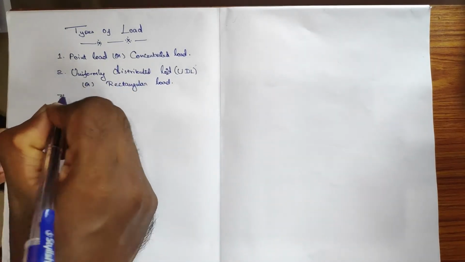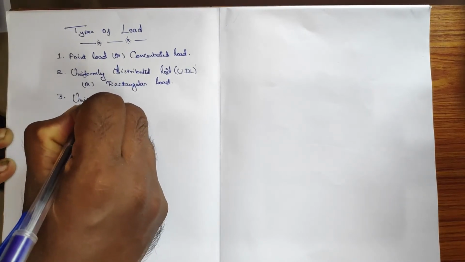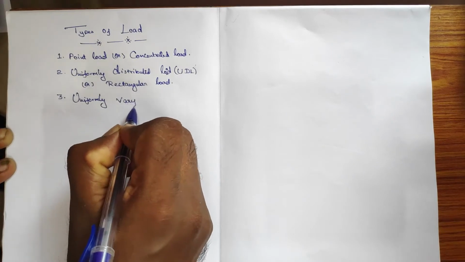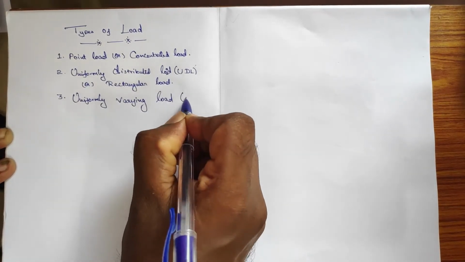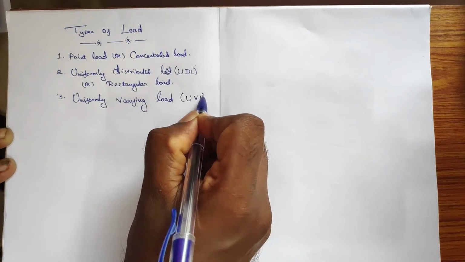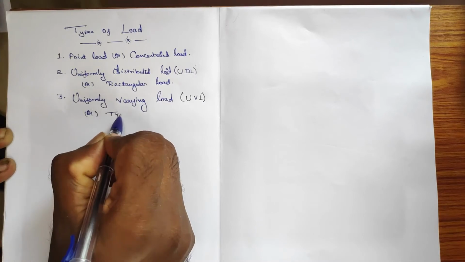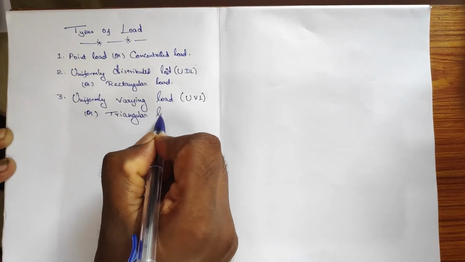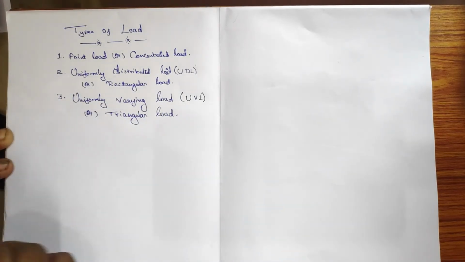The third one is uniformly varying load. In short, we call it UVL, or else the other name is triangular load. These are the three loads we are going to see.